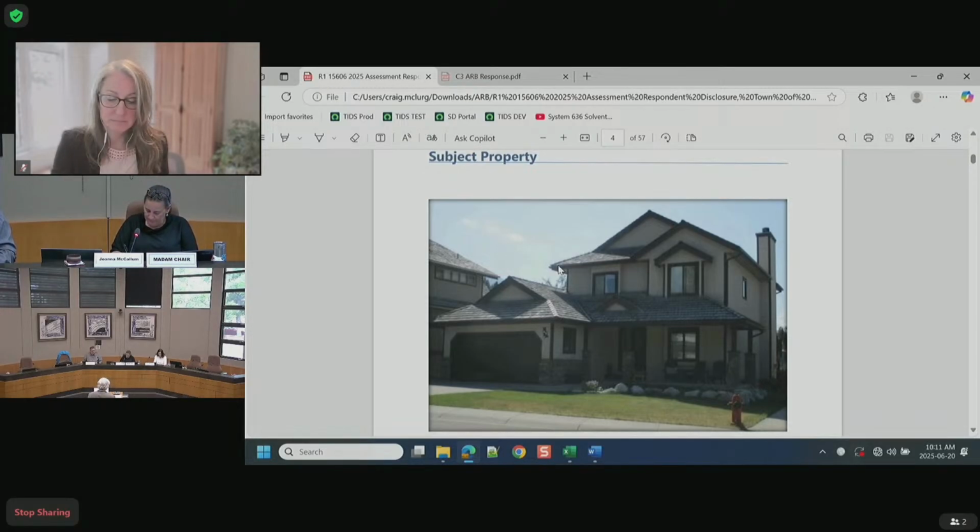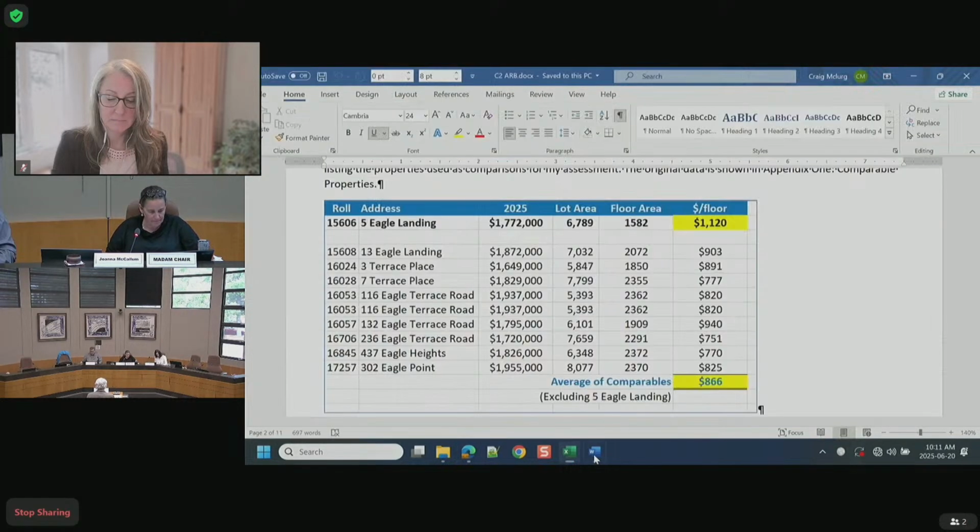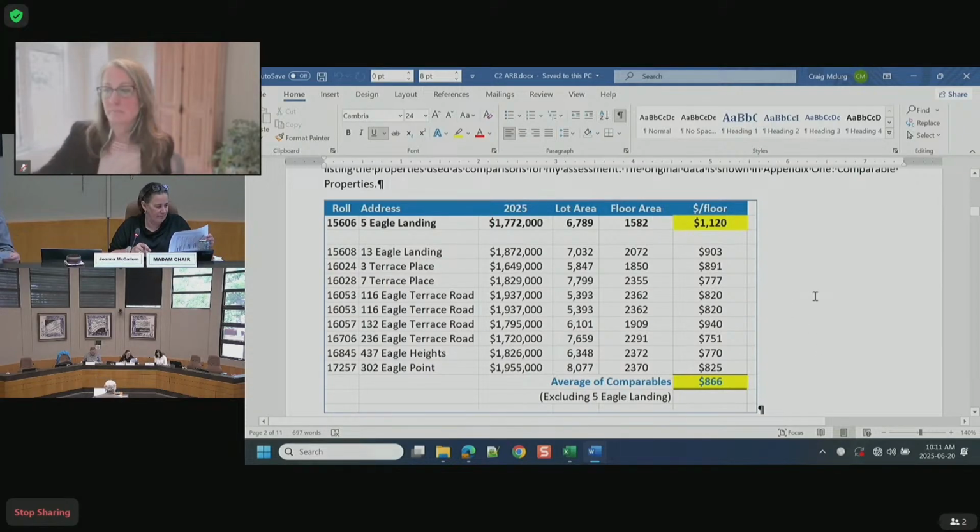Where this started is that I have lived, as I mentioned, for 23 years in the same house, which is the smallest house on the block. And tax assessed values have been going up and up and up. And so in my C2 document, I did a quick analysis of the comparables that were provided by the respondent, using simple averages.